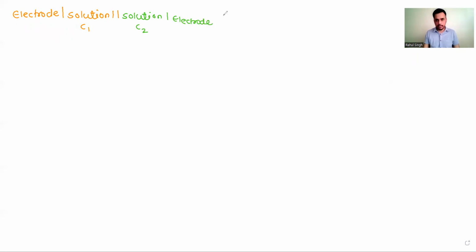In case of zinc, we can write the zinc electrode over here. Always remember, on this side we always write the oxidation part. This is our anode. And on this side we always write the cathode part.